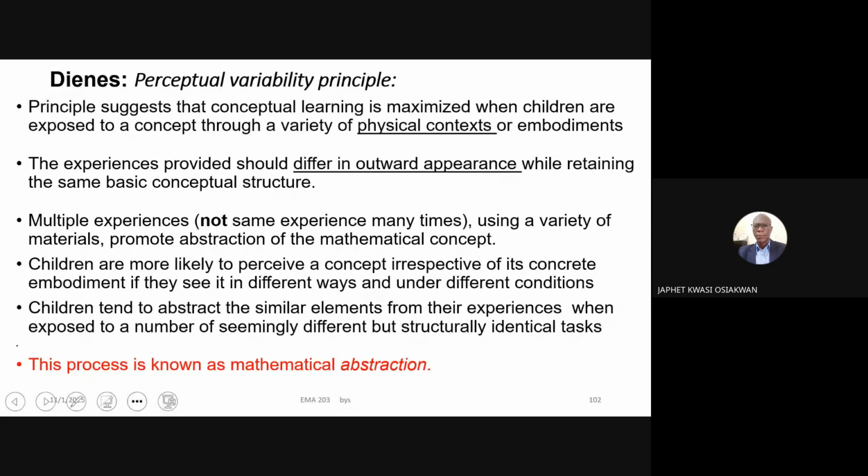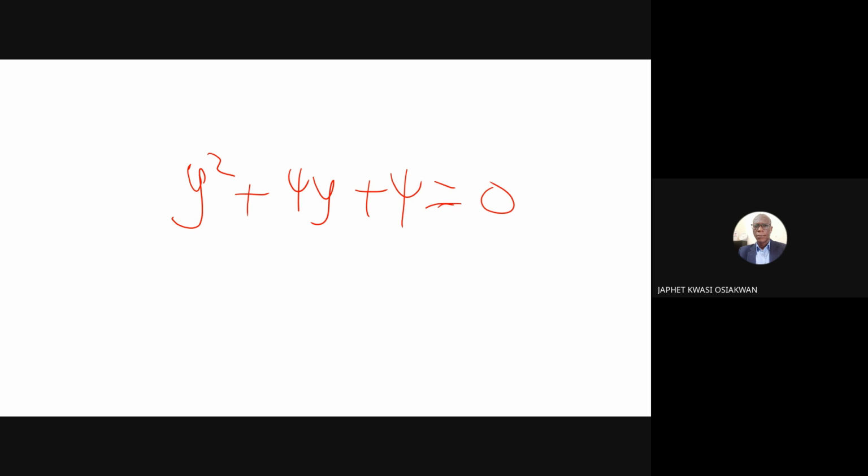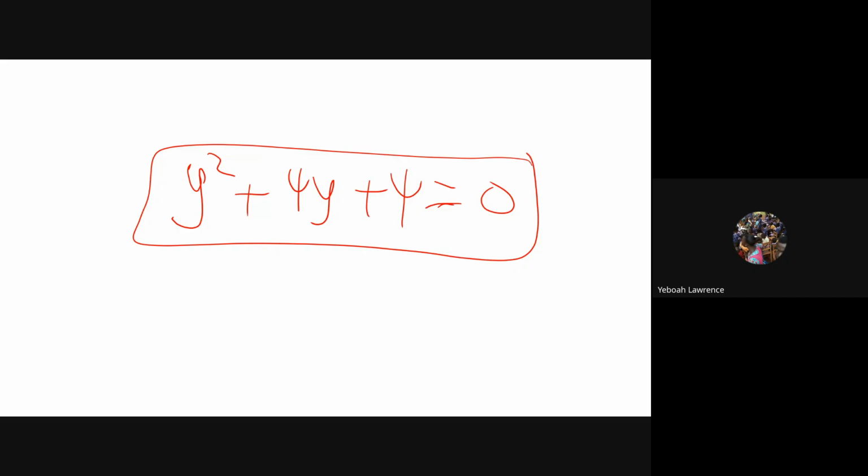I gave them this question: y squared plus 4y plus 4 is equal to 0. Then I asked them to factorize this. Only a few of them were able to do it.